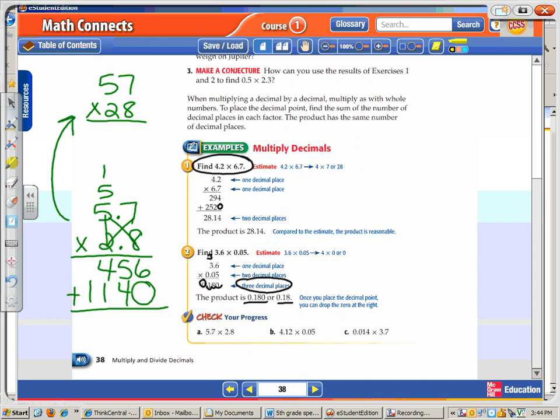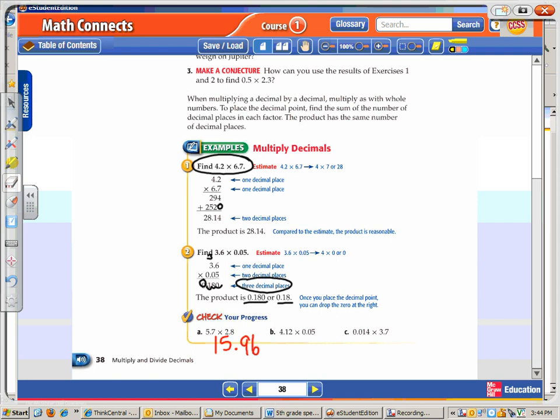Take those two, and now we're going to add them up. 6, 9, 5, 1. And now we'll look back at how many decimal place values we have. We have 1 here, and we have 1 here. So combine those, we should have 2 decimal places. 1, 2. So our final product, we should have 15 and 96 hundredths. Okay.